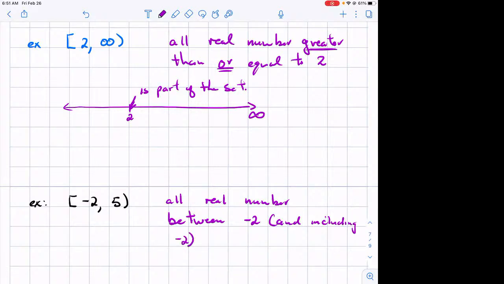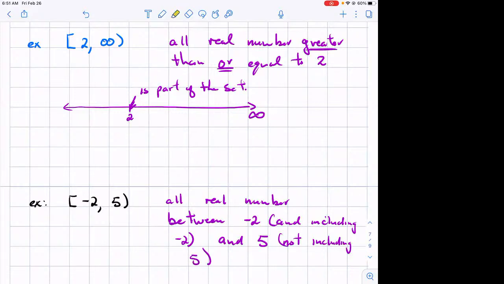So all these numbers between -2 and +5, not including 5.